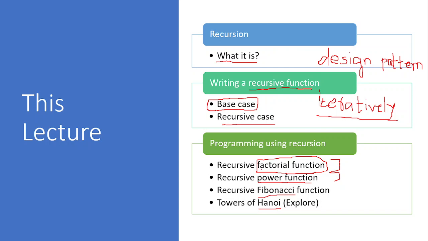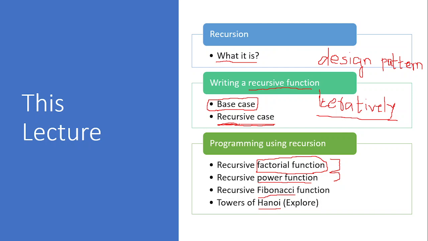For example, in the case of factorial, you know the factorial of 0 is 1. That is your base case. Or the factorial of 1 is 1. That is your base case. For the other numbers, you have the recursive case. Recursive case means the function calls itself.